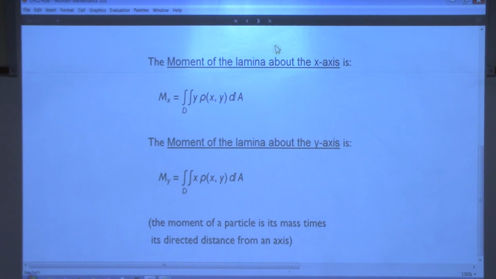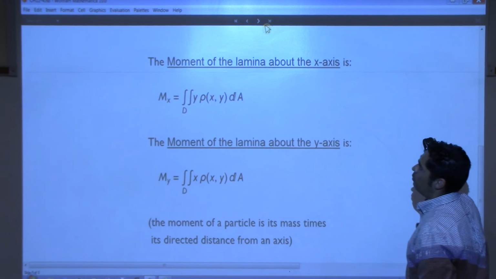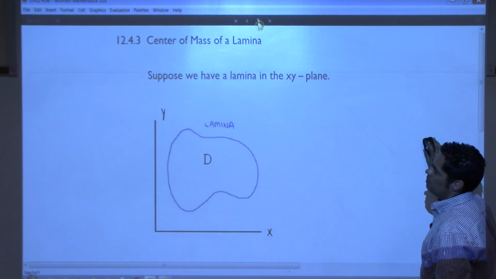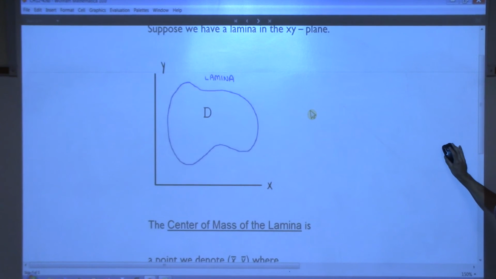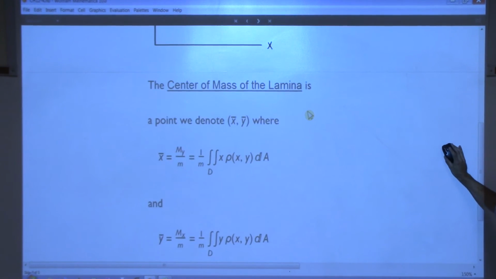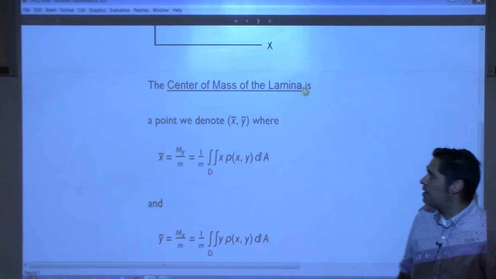Now, why is it useful to compute the moment of a lamina? Well, the next formula. If you have a lamina with a variable density, these are all in your book, by the way, and in your notes too, then one of the most interesting things to find is its center of mass.